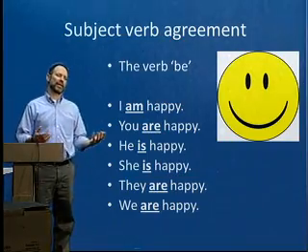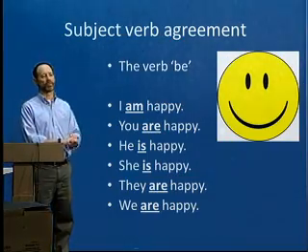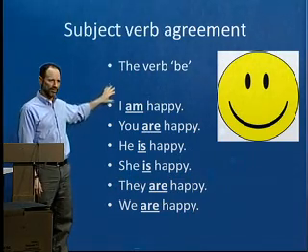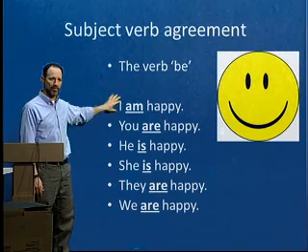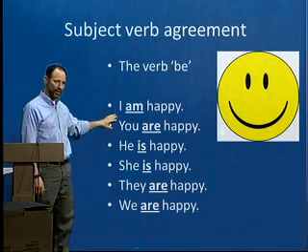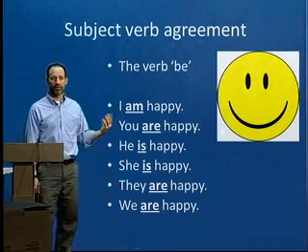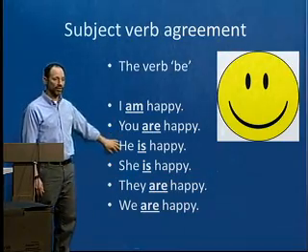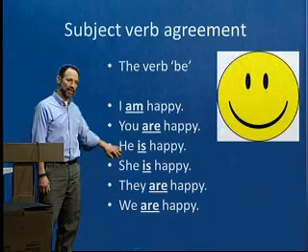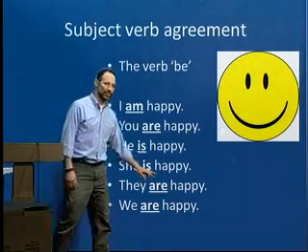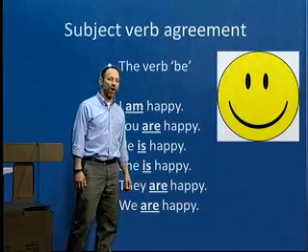We also have to change the verb be, and I'm going to look at the verb be in the present tense. So here, I am happy, you are happy, he, she, and also it's the same with it, go with is. So he is happy, she is happy, and I have they and we use the verb form are.